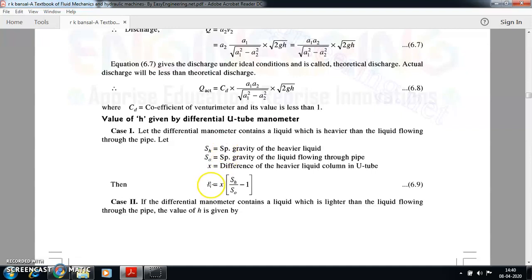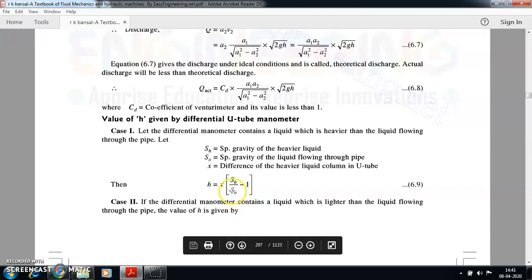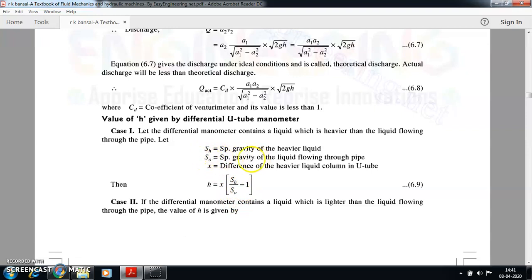The value of h will be equal to small x into (specific gravity of the heavier liquid divided by specific gravity of the liquid flowing in the pipe, minus 1), where S_h is the specific gravity of the heavier liquid in the manometer, S_o is the specific gravity of the liquid flowing through the pipe, and x is the manometer reading, the difference of heavier liquid in the column.